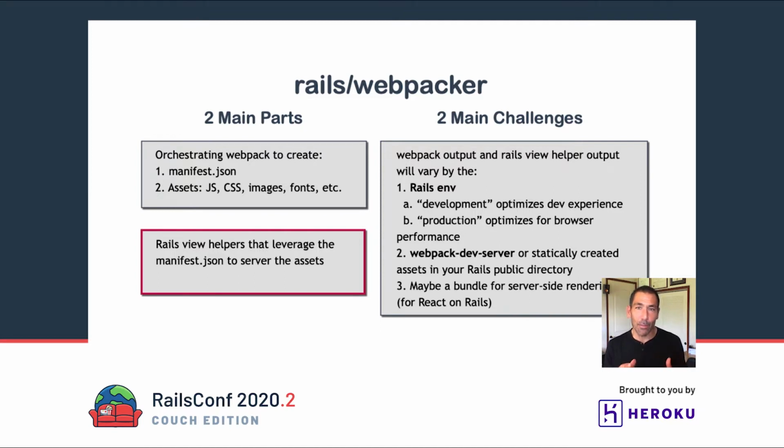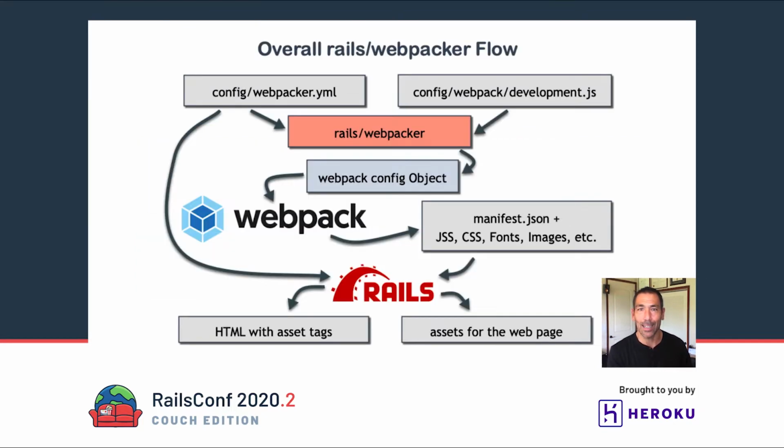So when you're doing development, your assets can either be in the public directory or they could be coming from the Webpack dev server, and I'll tell you more about that in a little bit. And also, thirdly, you might have the additional challenge of creating a separate bundle for server rendering. A separate Webpack would create some separate files for that.